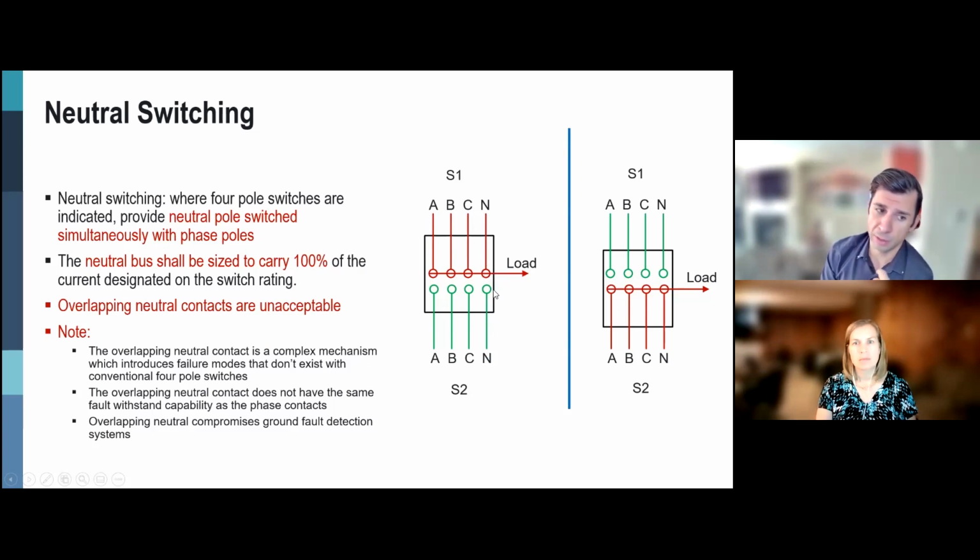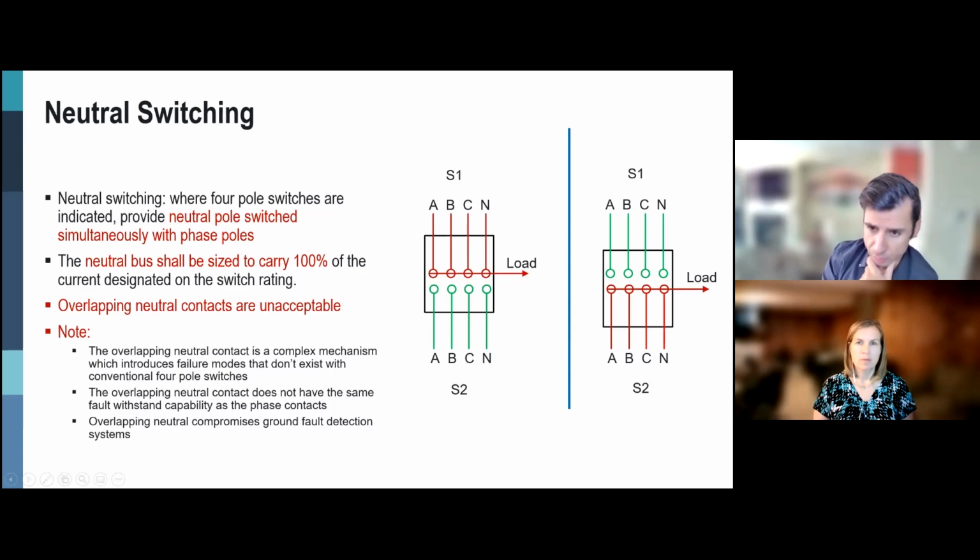Because with the overlapping neutral, momentarily the 2 neutrals between one source and the other are paralleled. That can cause problems for your grounding schemes. So we want to specify a simultaneously switched neutral that switches all the 3 phases. And again, this is the same rating as the 3 phases in terms of capability and capacity.